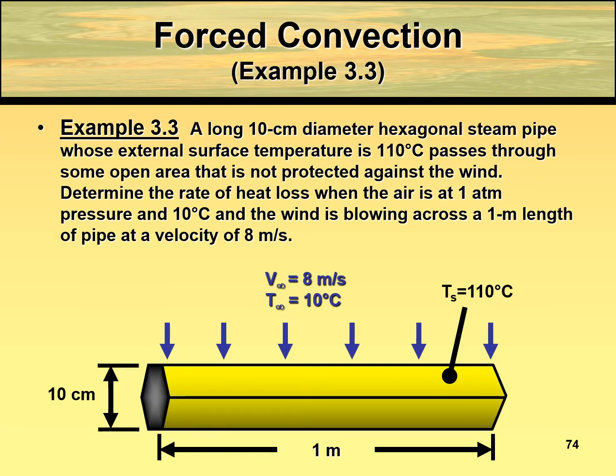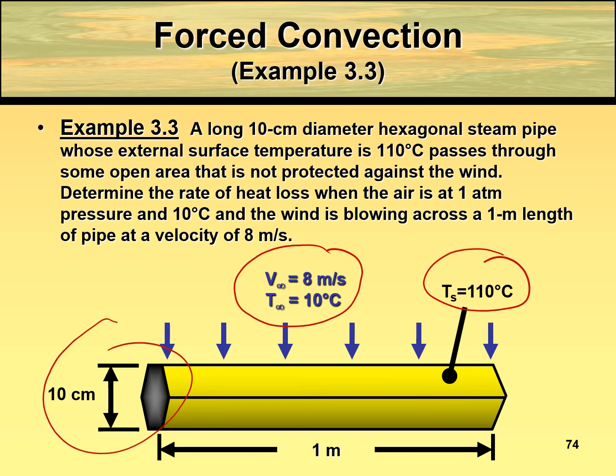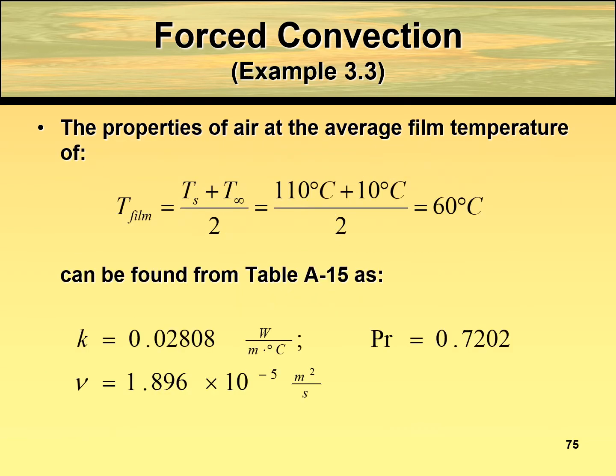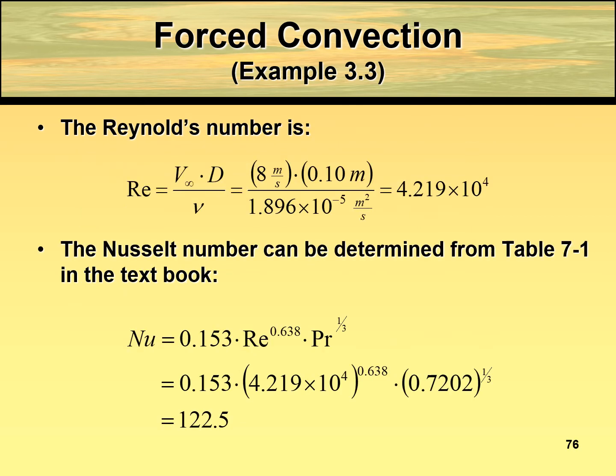And this is the guided example for forced convection. Let's say you have a 10 centimeter diameter hexagonal steam pipe whose external surface temperature is 110 degrees Celsius. The free stream temperature is 10 degrees Celsius with a velocity of 8 meters per second, and the length is the 10 centimeter diameter. In general, you need to find the film temperature, which gives you 60 degrees Celsius, and then find the properties from the table. Then you calculate the Reynolds number.